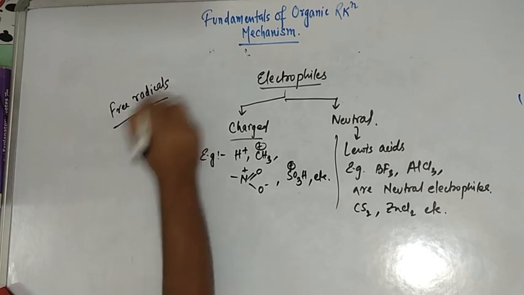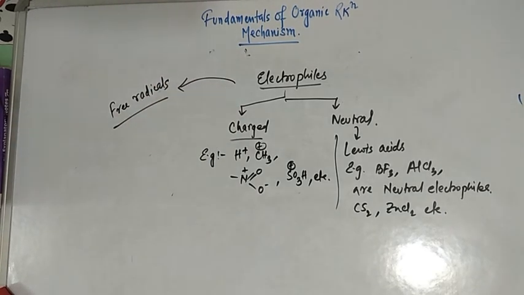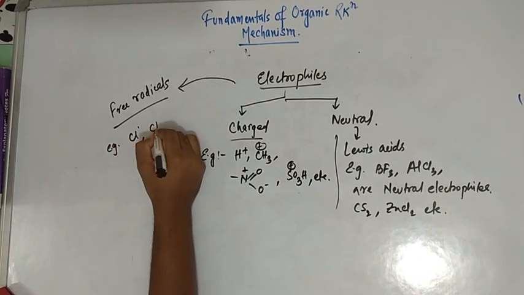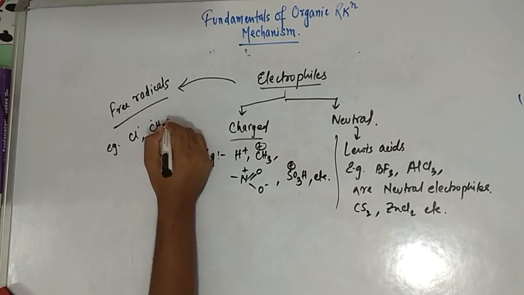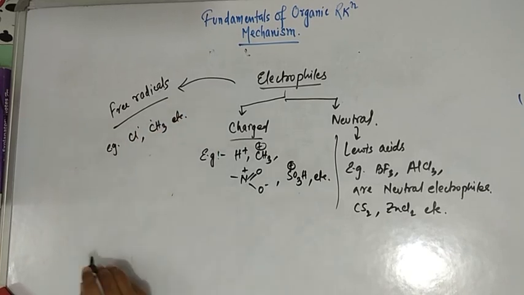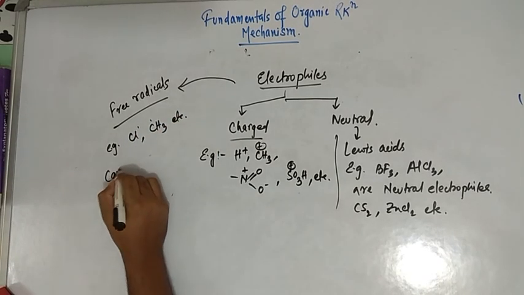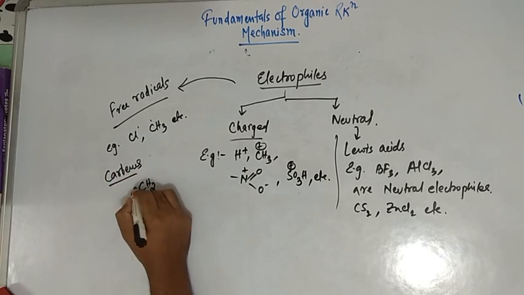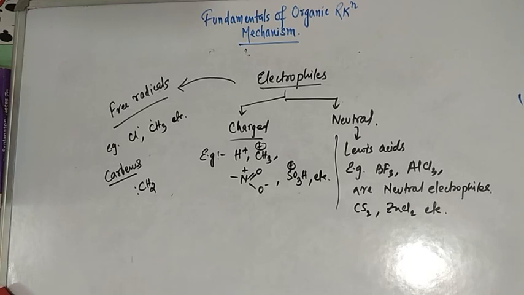So free radicals can also behave as electrophiles, for example Cl dot, CH3 dot, etc. Carbenes can also react as electrophiles.